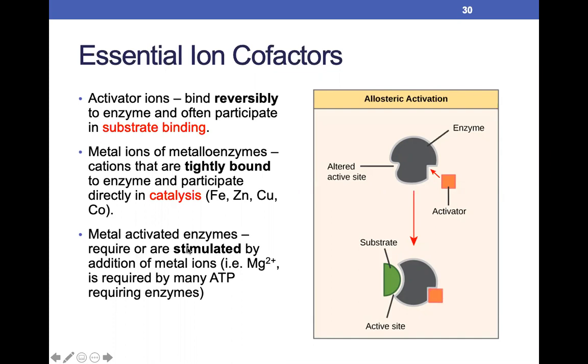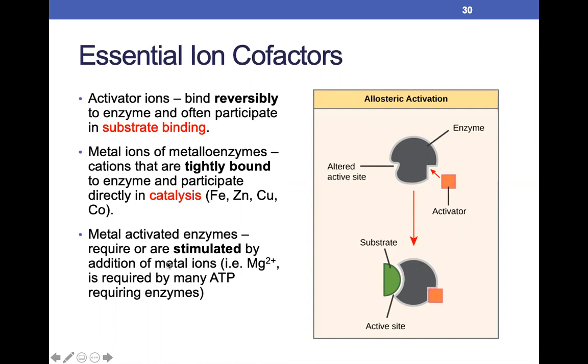Just to recap how to differentiate these: for activator ions, look for a keyword like reversibly binds. For metal ions of metalloenzymes, look for the keywords tightly bound and direct catalysis. And for metal activated, you're going to see something like it increases the rate of reaction, it stimulates, it activates, it doesn't really bind.